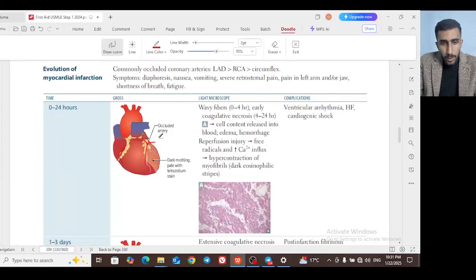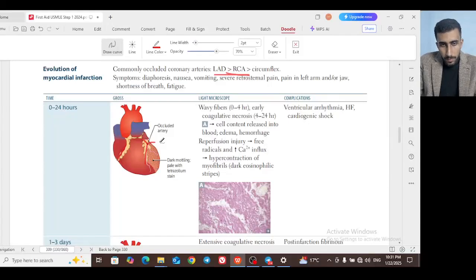The most commonly occluded is the left anterior descending artery, and this is the most dangerous because it supplies the left ventricle, which has the function of pumping blood. The patient may go into sudden cardiac arrest if he has a LAD infarction. The second most common is the right coronary artery, and the third affected vessel is the circumflex.